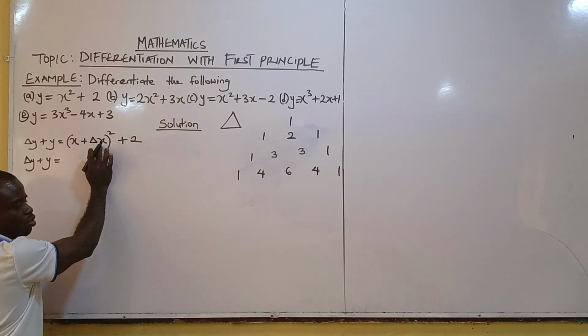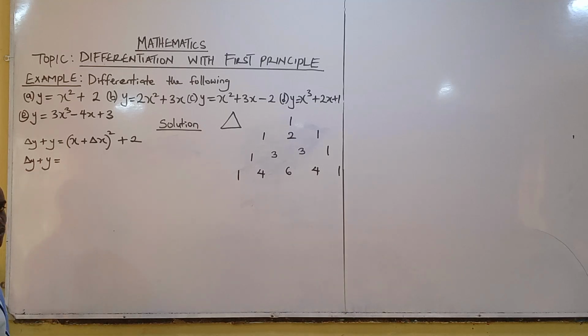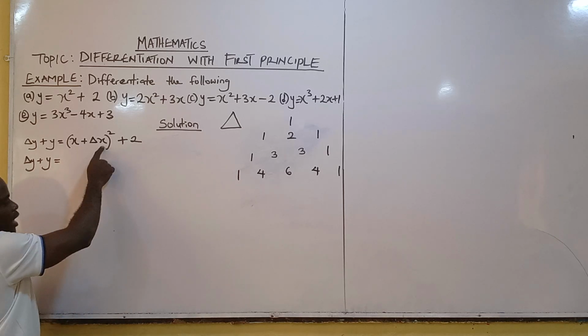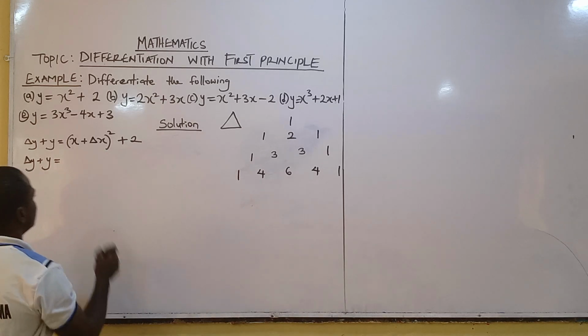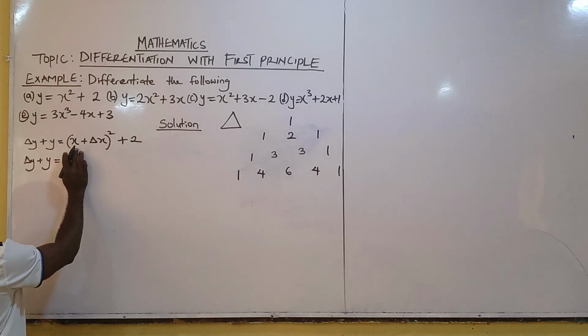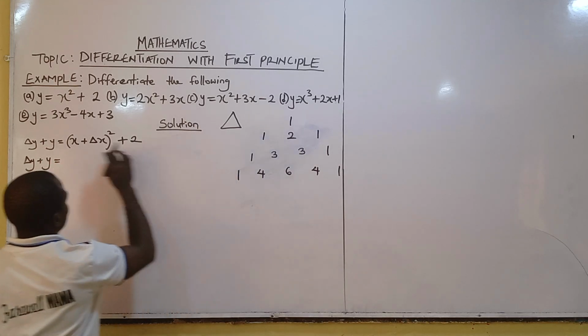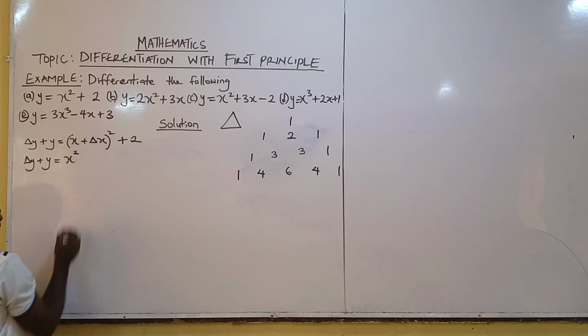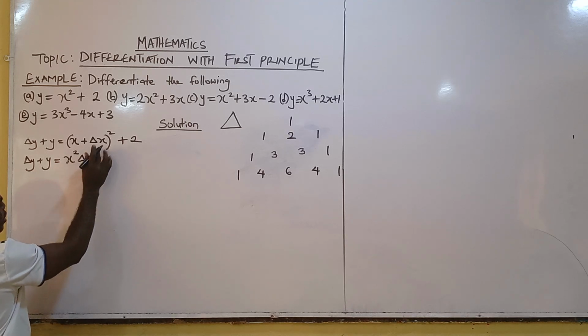Just take note that when x is decreasing, the other term will be increasing. You pick this first, which is 1, to be the coefficient of x squared. The delta x will follow it.